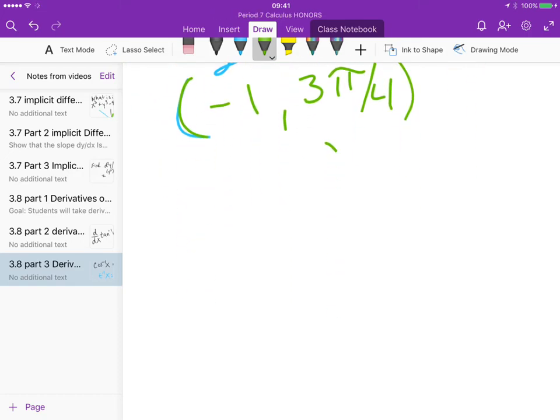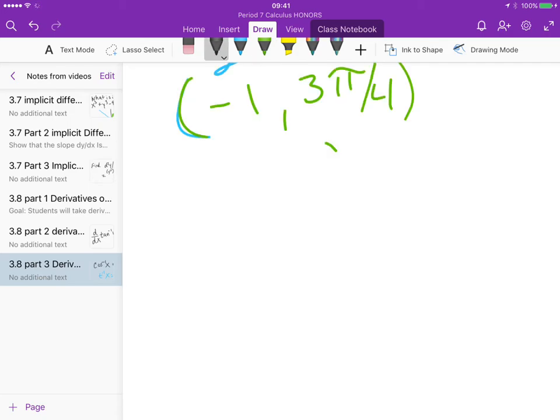Remember, the problem said we need to find an equation for the particular tangent line. Well, remember, the tangent line is found by having the point we just found and the slope. The slope of the tangent line is found by the derivative. So we need to find the derivative of cotangent inverse.